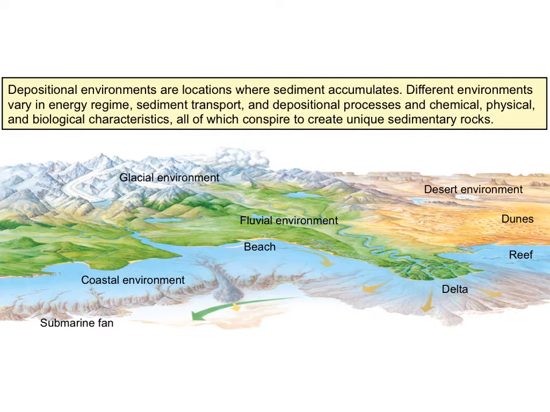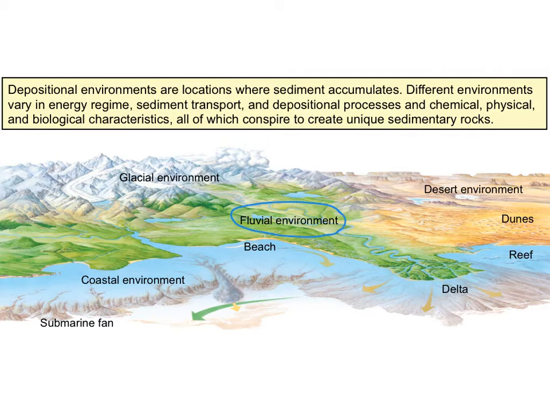And that can happen either above the surface of the oceans, so meaning on land, or it can happen in submarine environments or beneath the surface of the ocean. So some examples of places on land where sedimentary deposition can occur might include the fluvial environment. Okay, so fluvial environment means rivers.